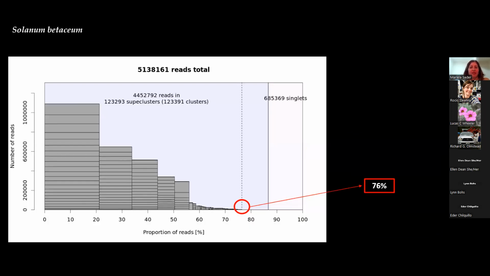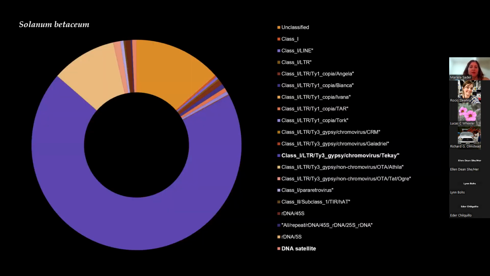The repetitive fraction in Solanum betaceum represents 76% of the genome. The most abundant element is a Gypsy Tekay, followed by an Athila. All of them are retrotransposons. And we can see that the portion that represents DNA satellites is also important in the Solanum betaceum genome.